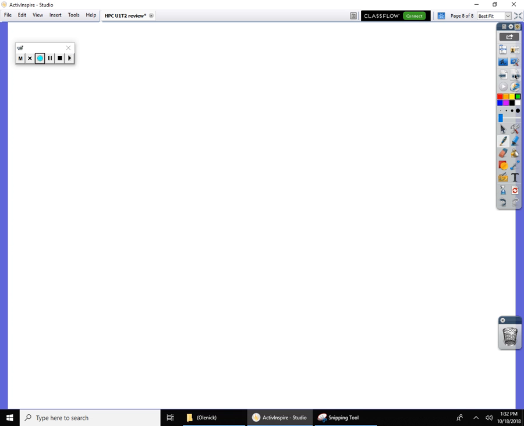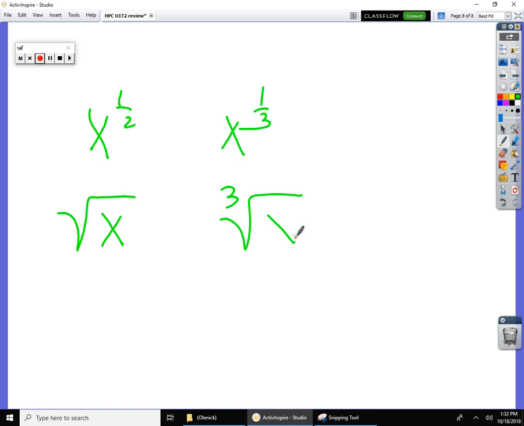Okay, so the next one was x to the 1/2 versus x to the 1/3, right? So the square root of x, the cubic root of x, right? So if I do 1, the square root of 1 is 1. The cubic root of 1 is 1.